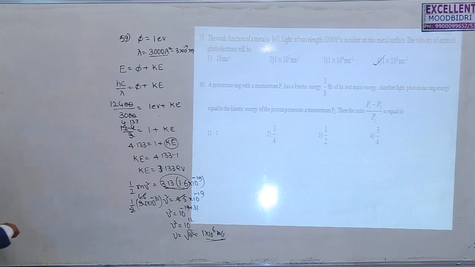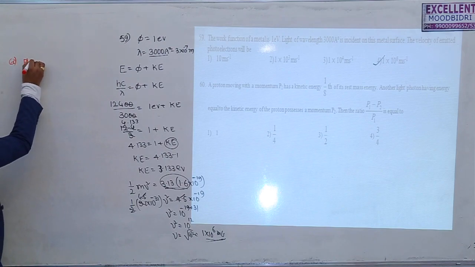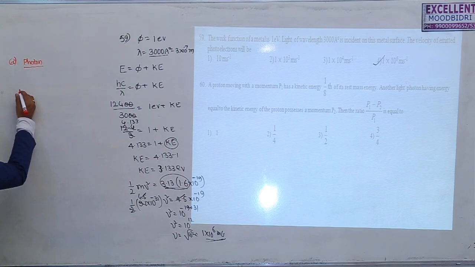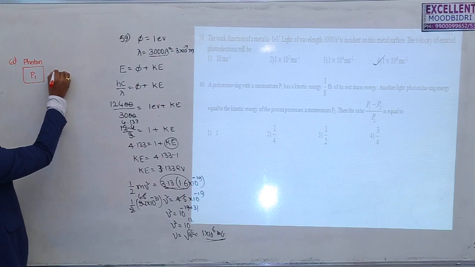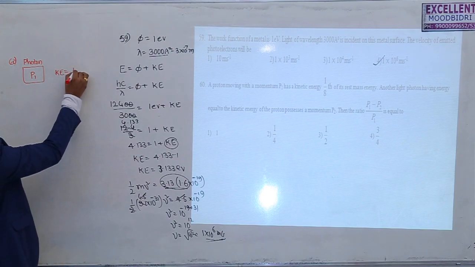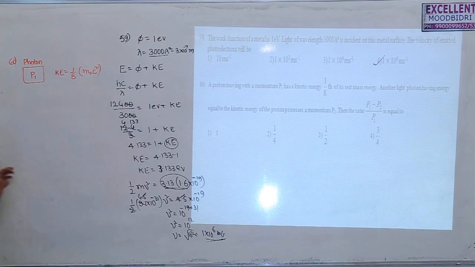Now the last problem in this one, the 60th problem. A photon moving with a momentum of P1 has a kinetic energy 1 by 8 of its rest mass energy. So for a particle, energy and momentum are related; momentum is P1 and kinetic energy is equal to 1 by 8 of its rest mass energy. The rest mass energy is m0 c square.